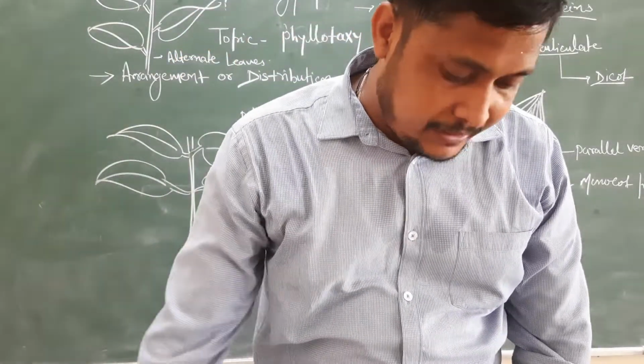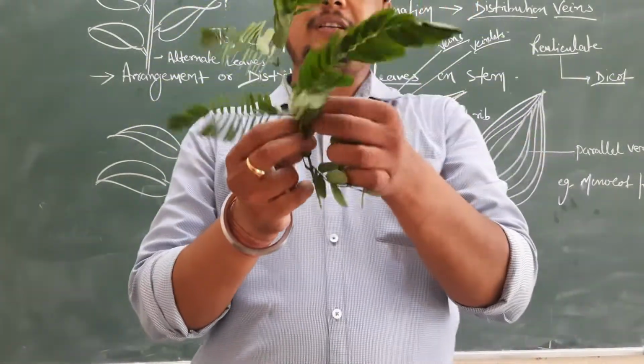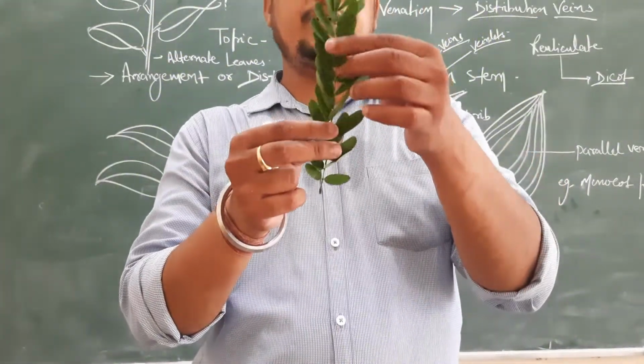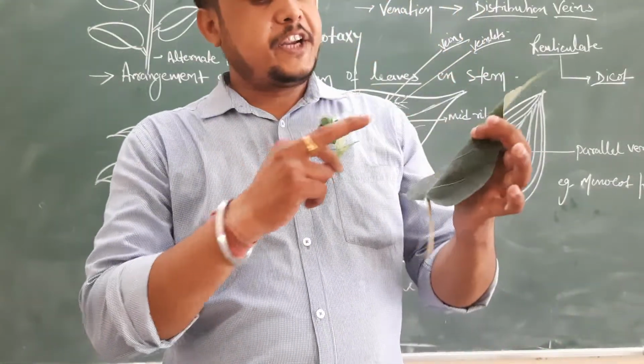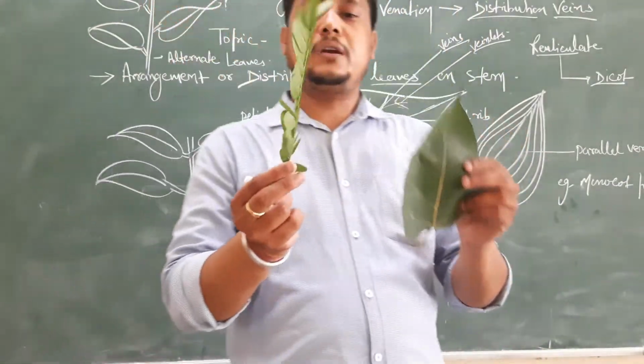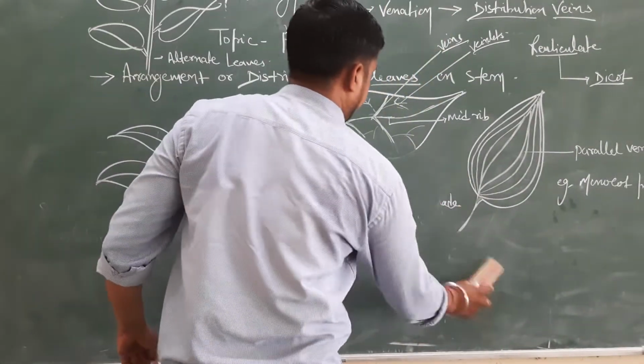The other thing is that some leaves also have a special arrangement like this, meaning their lamina is divided into small leaflets. This is the lamina, and it will be divided into small leaflet-like structures. For example, suppose I am taking the neem tree.